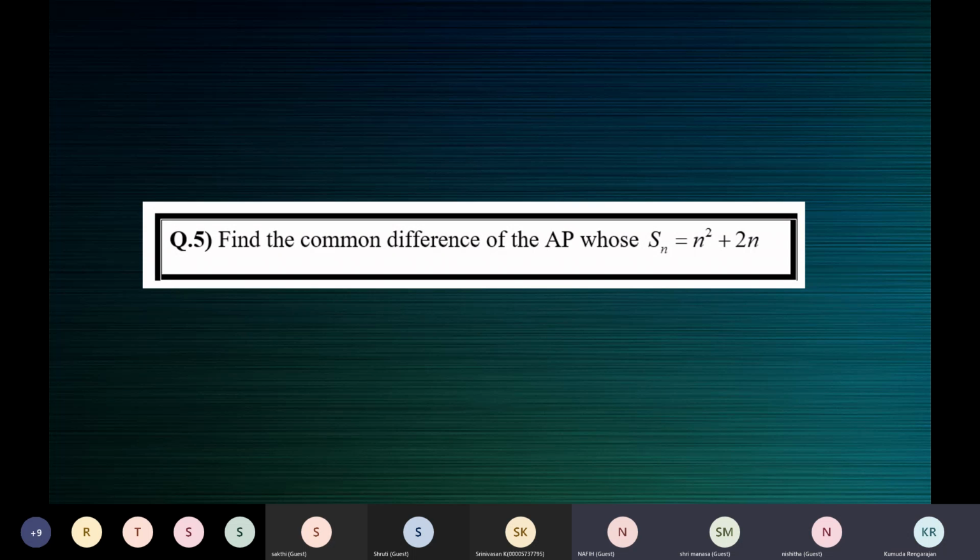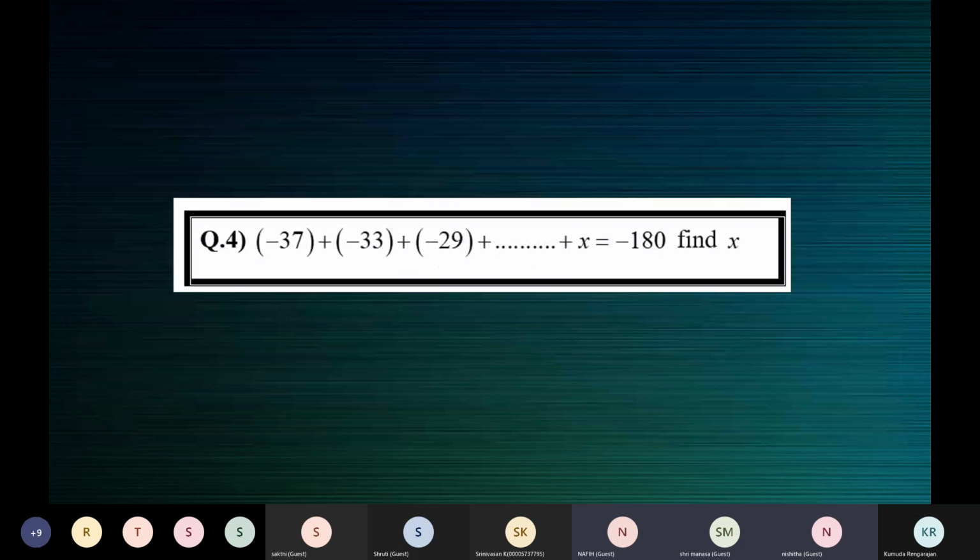Now this is classwork. It's also a test. Try this. Find the common difference of the AP whose Sn is n square plus 2n. Be the first to give the answer. Work it fast. Ma'am, can you show the last slide, ma'am?